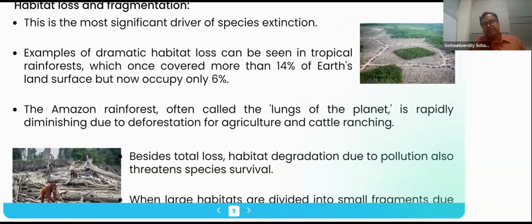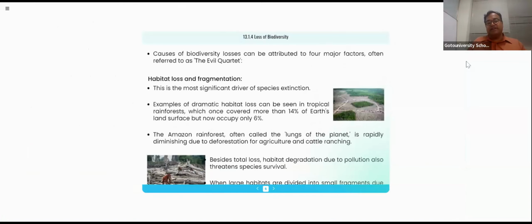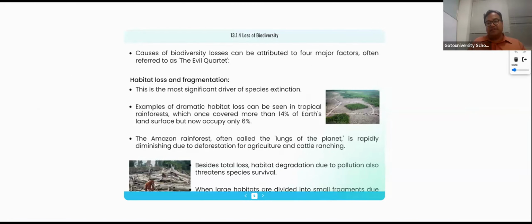Also, whenever you are destroying the forest for agricultural purposes, the specific species of a specific geographical area are not living nicely. So that is a message we need to understand. If any one of you has a doubt in this place, please let me know.